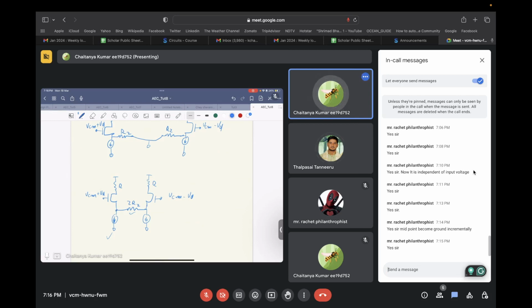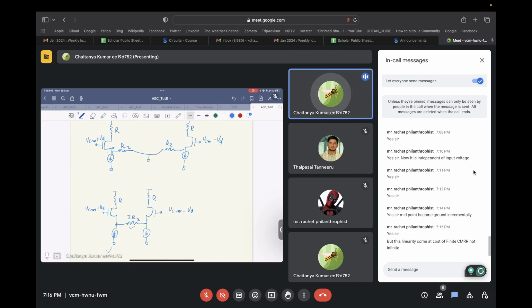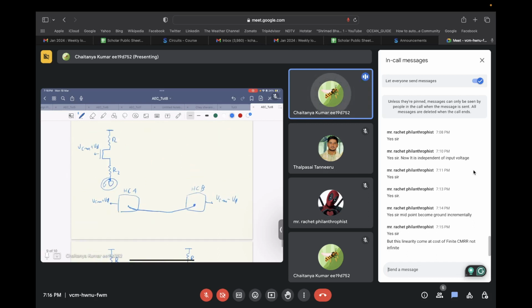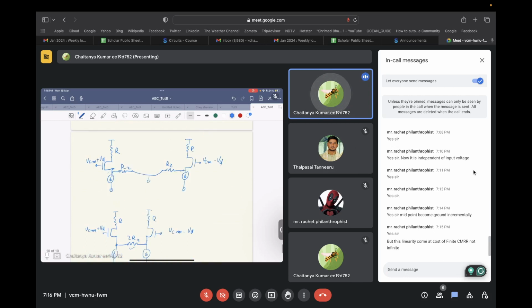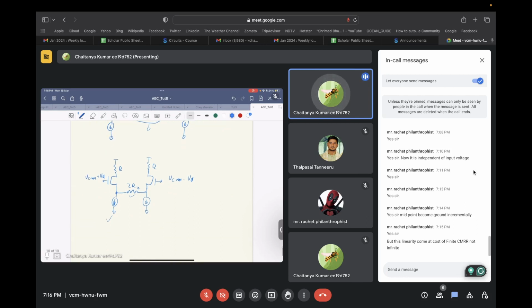Earlier the tail current was seeing zero voltage swing. Linearity comes at the cost of finite CMRR. Yes, correct. Let's consider that the CMRR is also infinite. Let's see what the common mode half circuit of this is. In the common mode half circuit, this 2R2 will just go away, right?